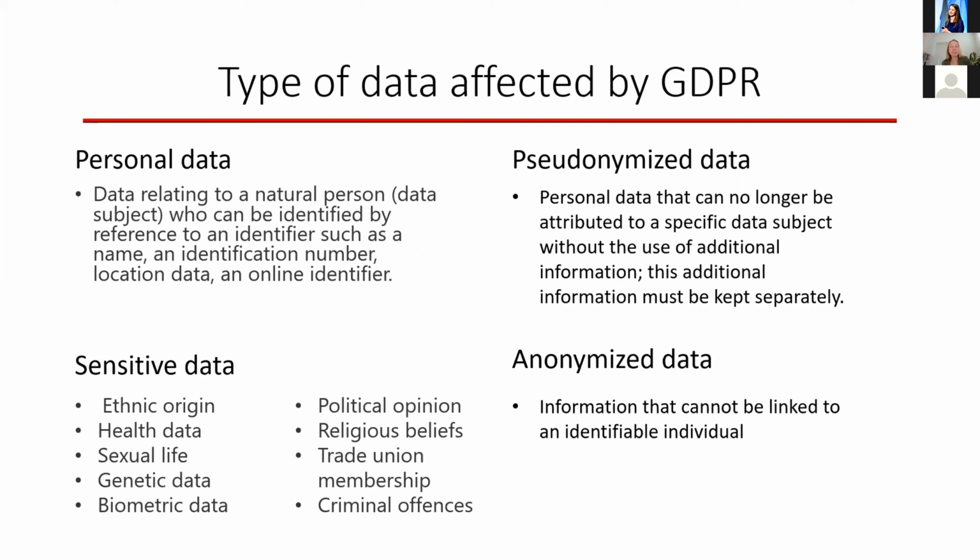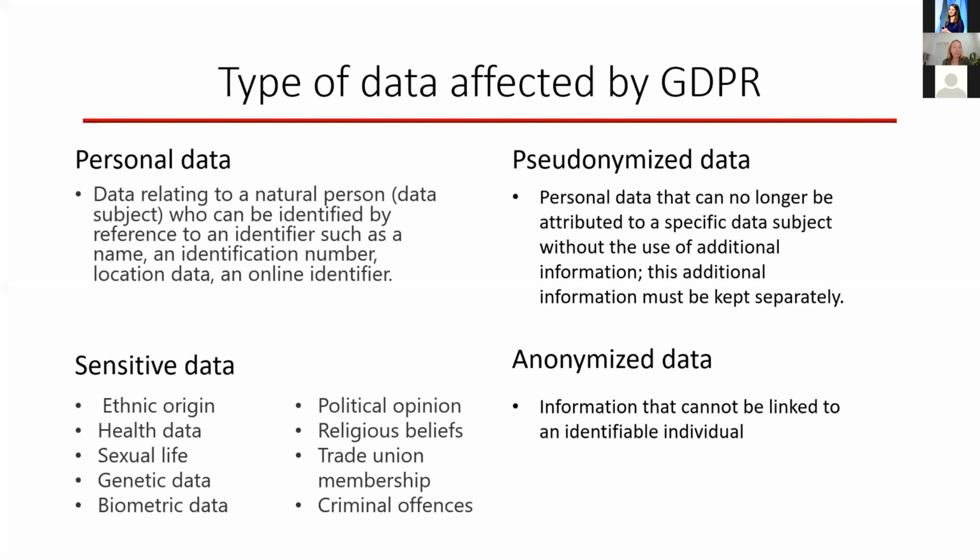What kind of data is affected by GDPR? It's almost all human data. Personal data, which is data relating to a natural person who can be identified by a reference to an identifier such as name, identification number, location data, and an online identifier.